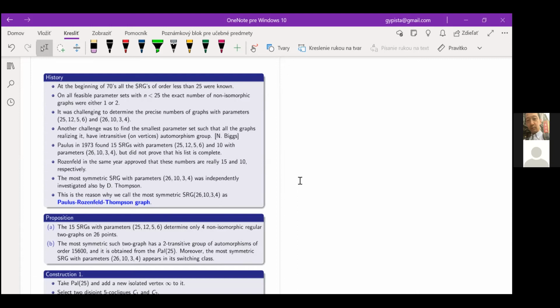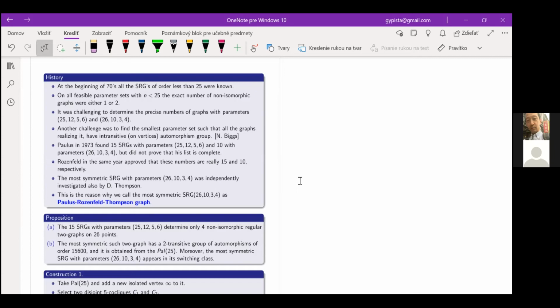And the most symmetric of them, on parameter set 26, 10, 3, 4, was also obtained a few years later in the PhD thesis of Thompson. He was considering it in terms of some combinatorial constructions and designs.